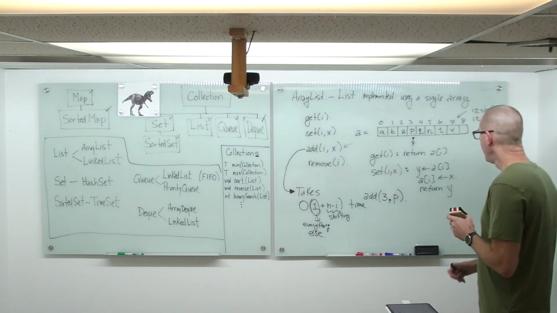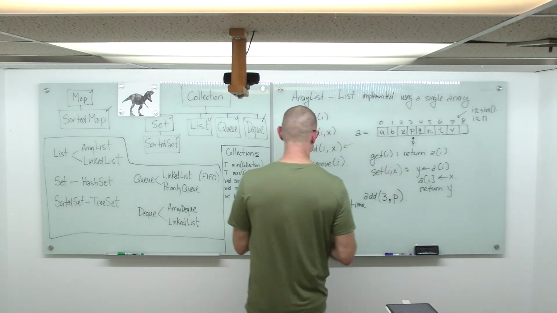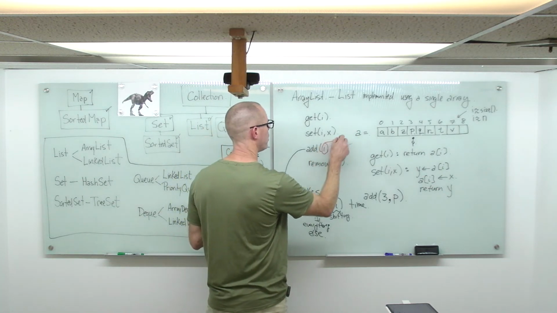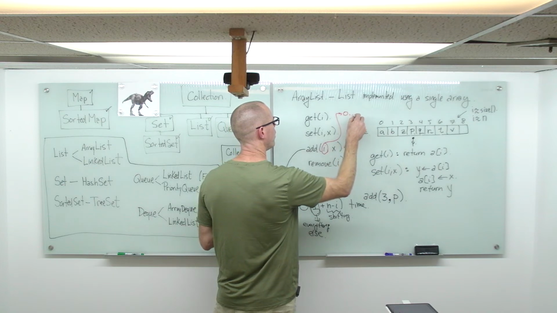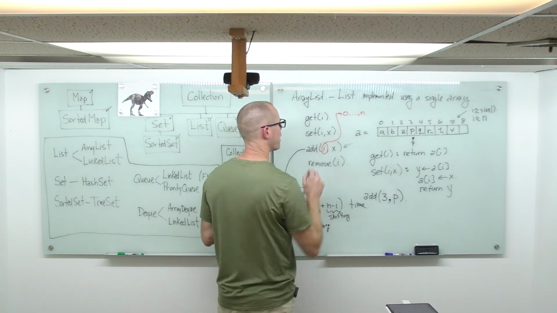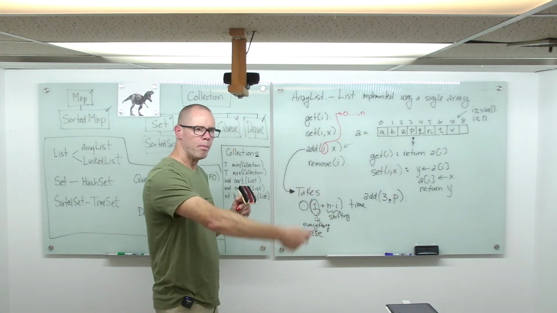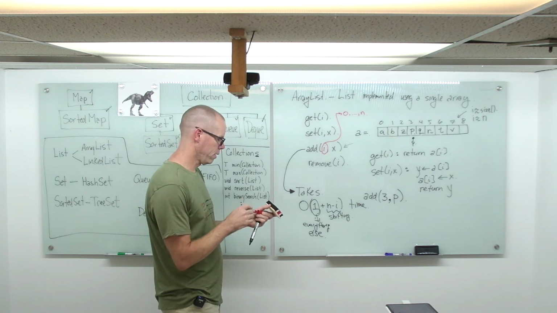All right. And just to note, the value of i here in the add operation can be anything from 0 up to n. n is what happens when you want to add beyond the end of the list to make the new thing the end of the list.